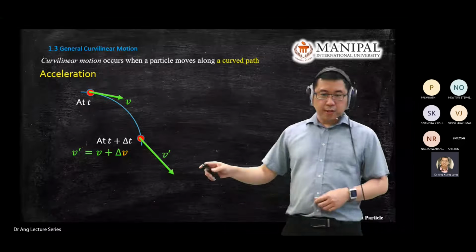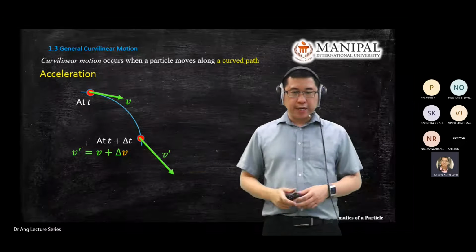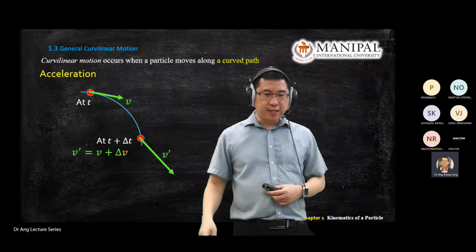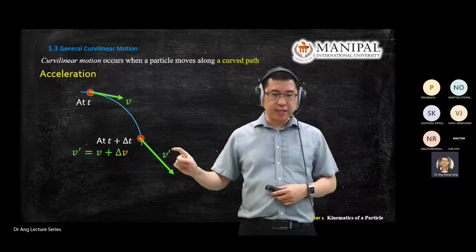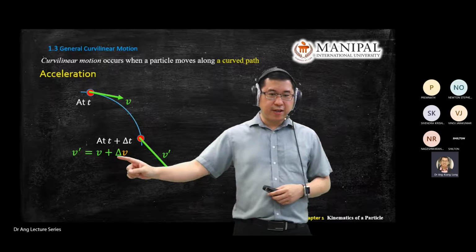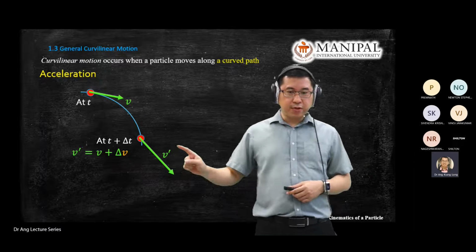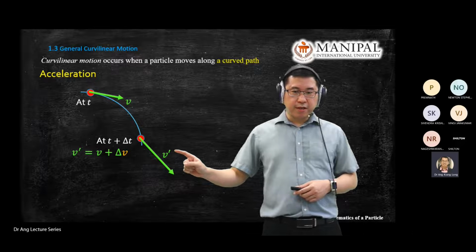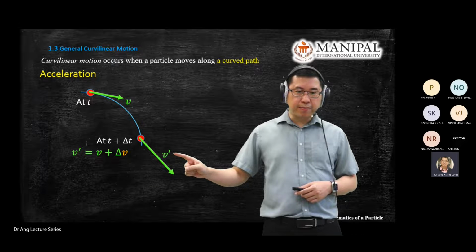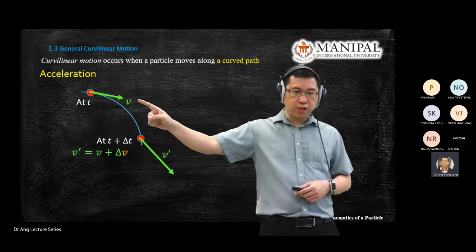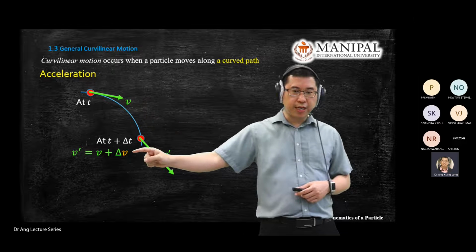All right. Again, velocity is a vector. There's a change of vector. You can put them into vector form, where a new vector v prime equals the original vector plus the change of vector delta v.